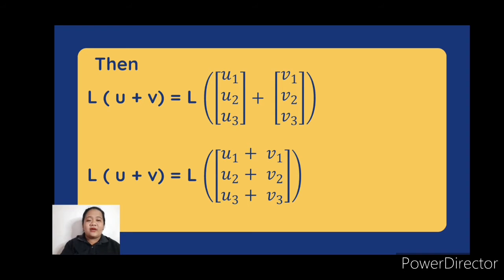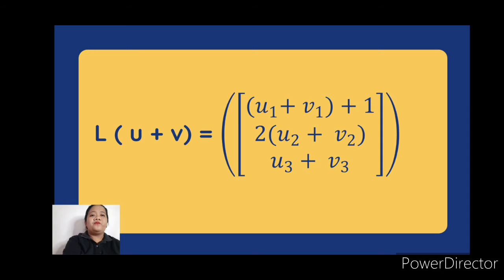So we have L(u + v) = L(u1 + v1, u2 + v2, u3 + v3). Now we substitute the definition of L, R3 to R3: (u1 + v1 + 1, 2(u2 + v2), u3 + v3).